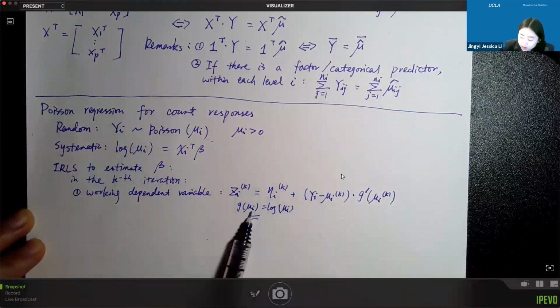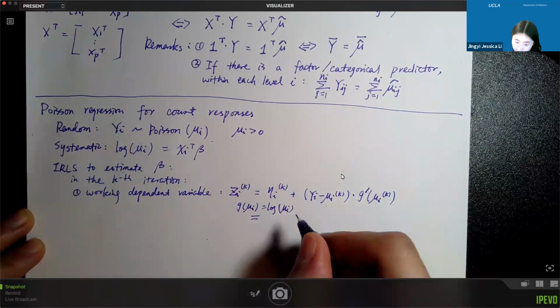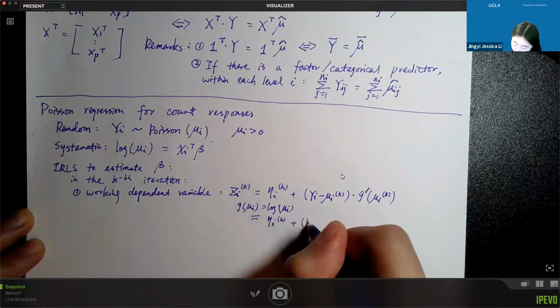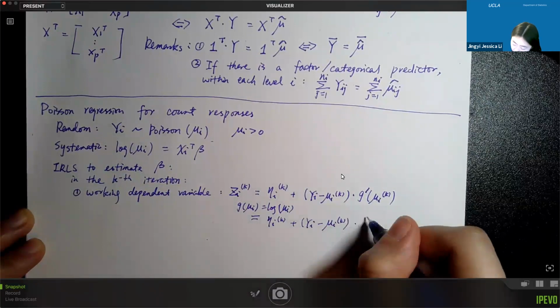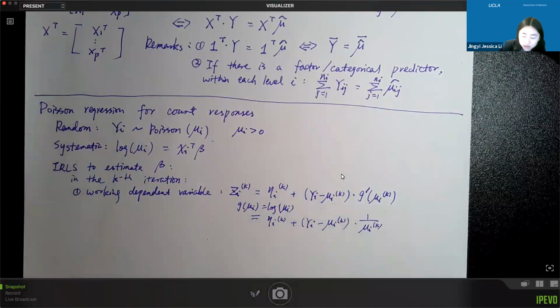So we know g prime is 1 over mu_i. That will give me eta_ik plus (yi minus mu_ik) times 1 over mu_ik. This is how we can get the working dependent variable.